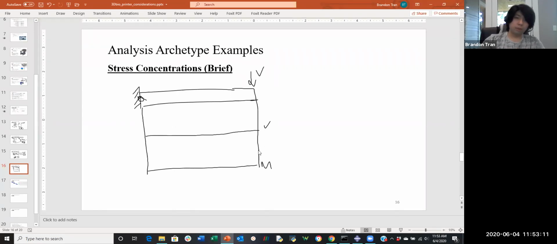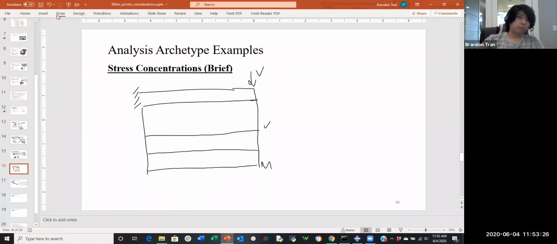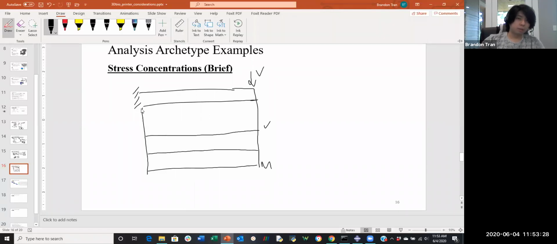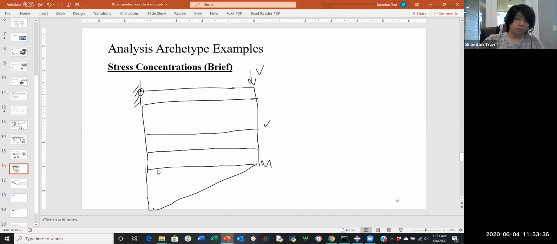So shear is going down, doing something like this. Oh, sorry, the z is supposed to be positive. It works a lot better if it's positive. So the moment diagram would look something like this.